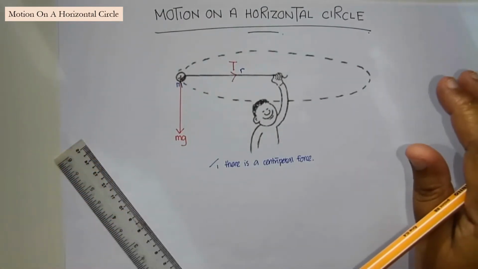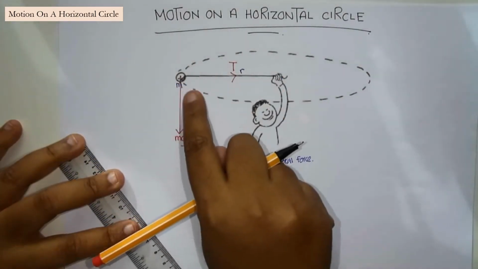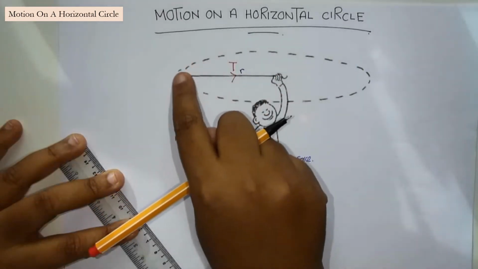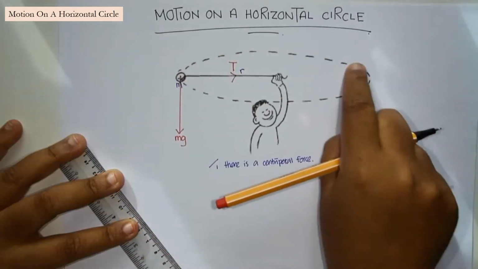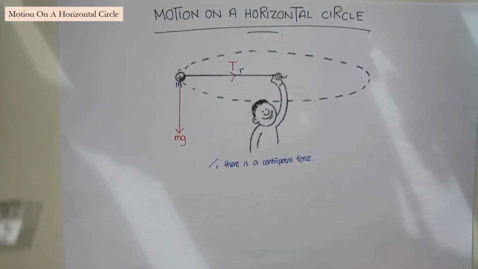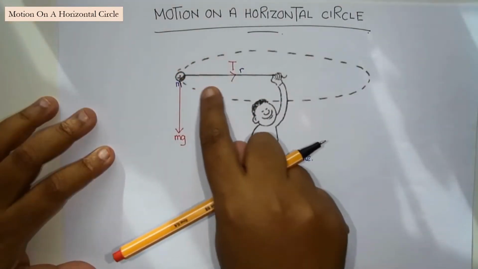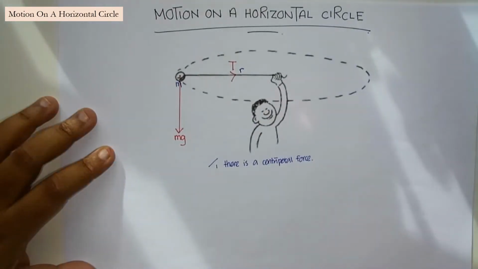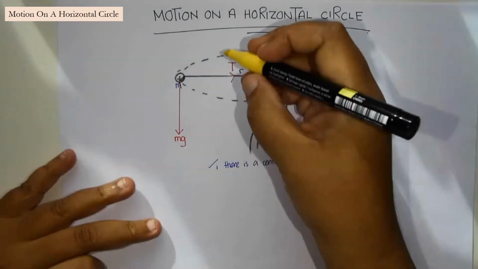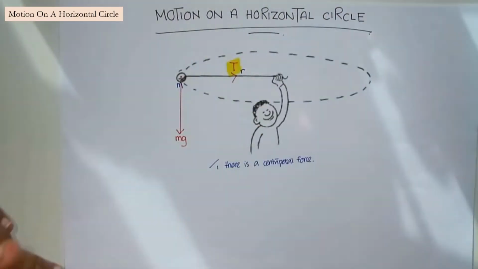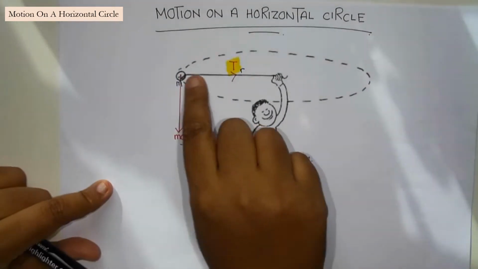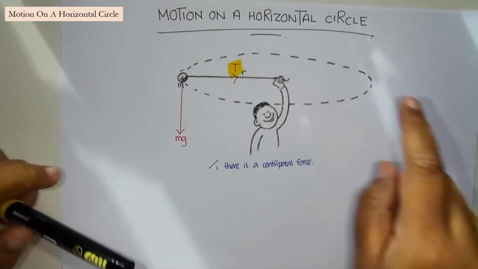So there is a centripetal force here that's making the stone perform a circular motion. The centripetal force making the stone perform a circular motion will be the tension, because tension is the force that is towards the center.